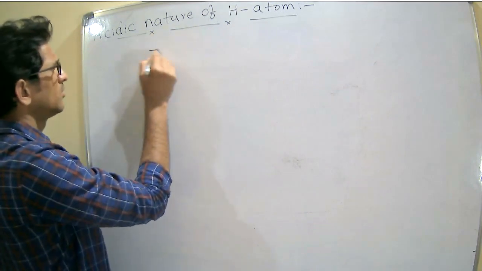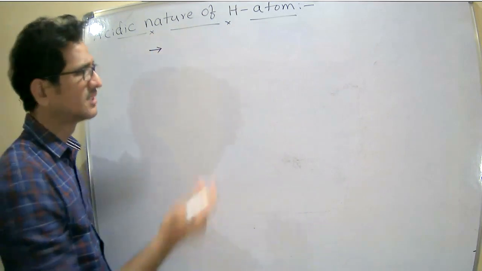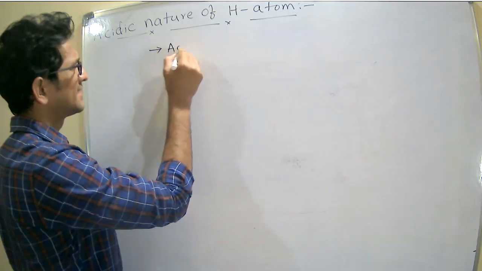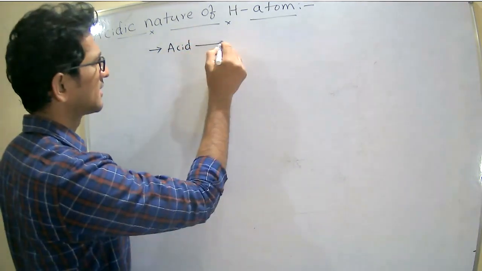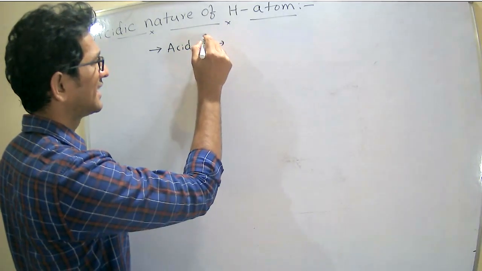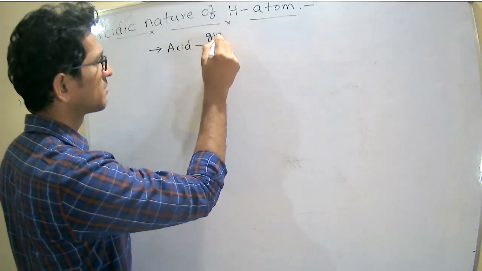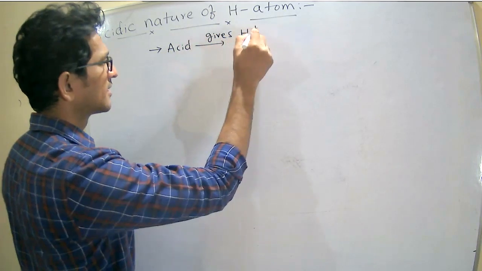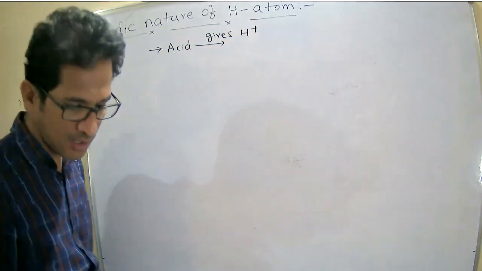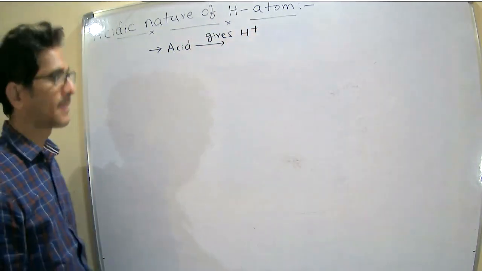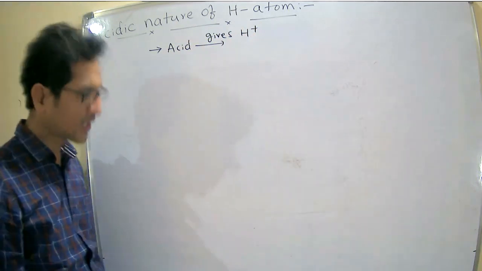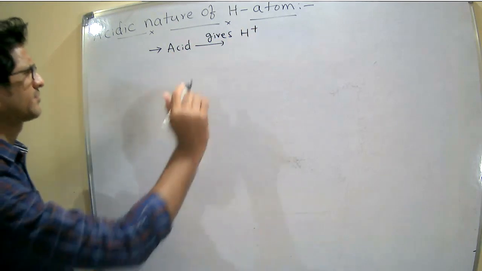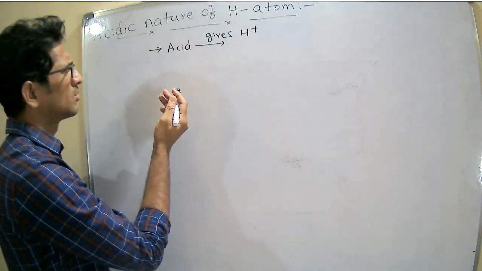So generally, we know that acid. What is an acid? A substance that gives H plus ion is called an acid.